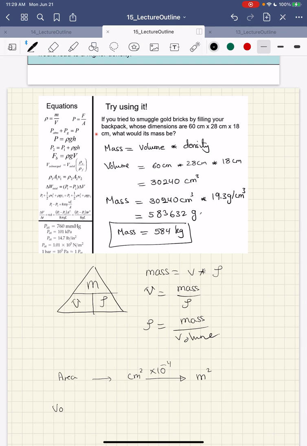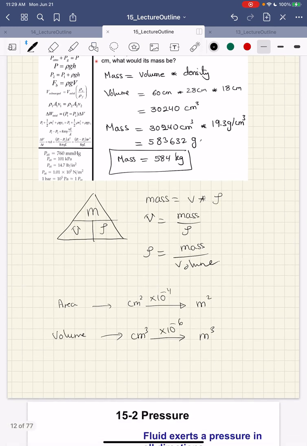And when I have volume and I want to convert cubic centimeters to cubic meters, it is 10 to the minus 6. Another unit that we may encounter throughout this chapter is liters. If the volume is in liters and I want to convert into cubic meters, it is 10 to the minus 3.